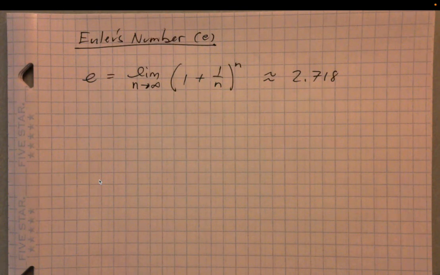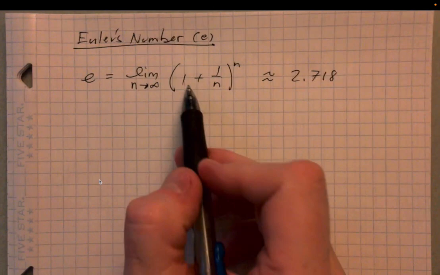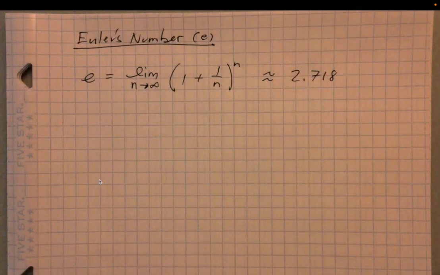Okay, so what we're going to do is walk through a derivation of how this sequence is monotone increasing and bounded above, right? So we'll show that the sequence 1 plus 1 over n all to the nth power is monotone increasing and bounded above, the implication being that it has a limit.